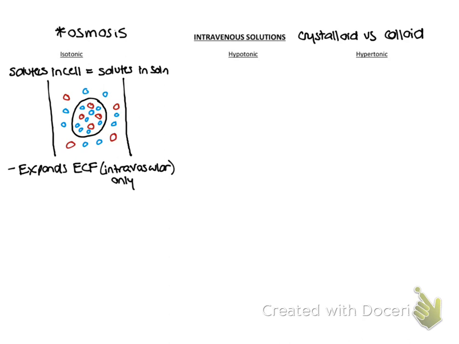So when I give an isotonic fluid, I'm not affecting the cell at all because osmosis isn't happening, right? All I'm going to be doing is expanding the extracellular fluid or the intravascular fluid. Does that make sense to everybody? Intravascular is inside the vessels, and extracellular is just outside the cell.